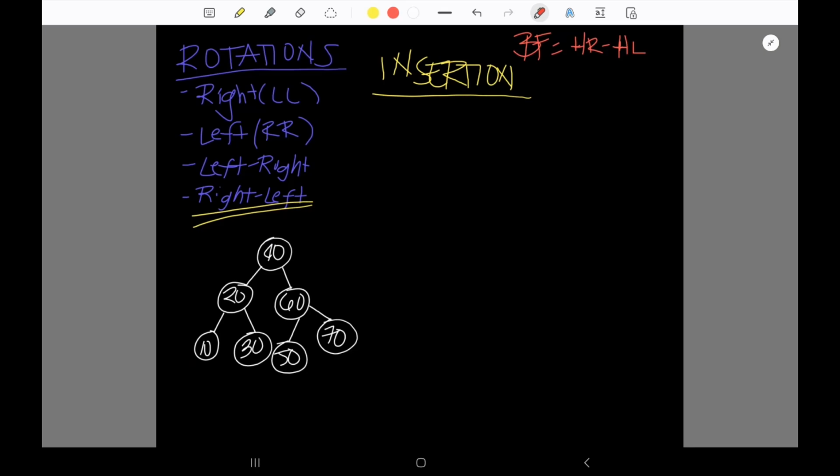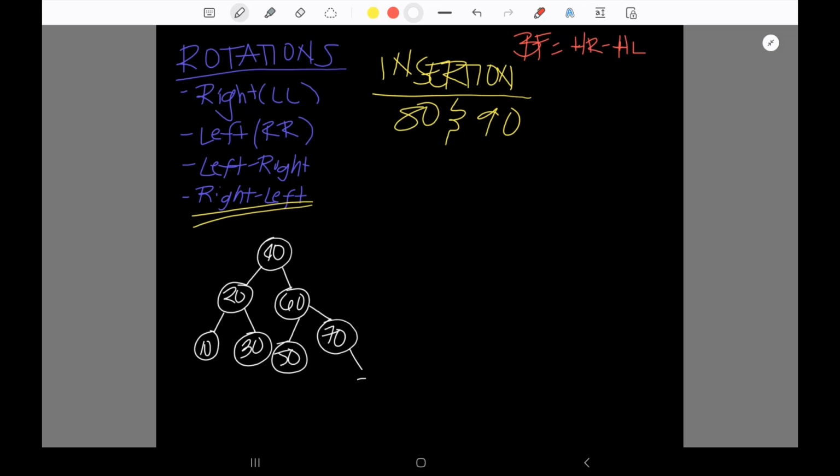So let's say we're gonna insert 80 and 90. If we insert 80, we're gonna put 80 under the right of 70.